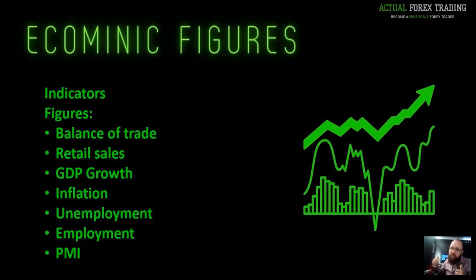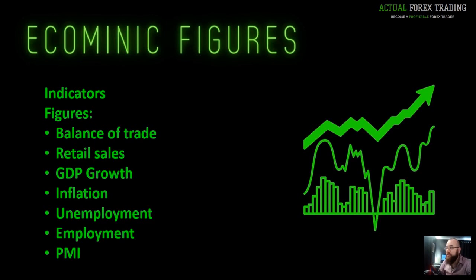Just like indicators where the moving average can be moving up or down, it's the same approach with economic figures. Is unemployment rising? Is it declining? Is it not going anywhere? Is something moving very fast? Use these economic figures just like you would technical indicators.